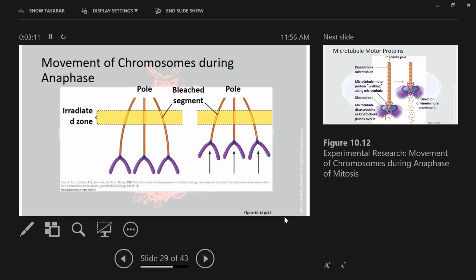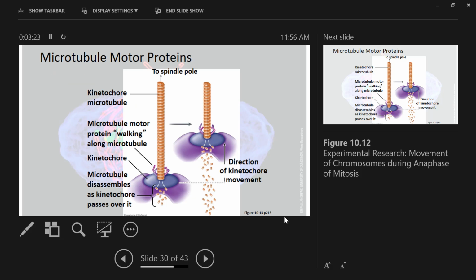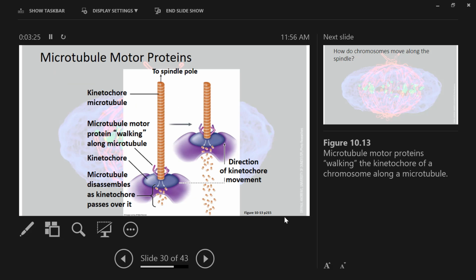So what happens is a motor protein lets go, the microtubule shortens, it grabs back on, lets go, it shortens, it grabs back on, and it keeps doing that all the way until it ends up at the opposite pole where the centrosome is. And so here is that demonstrated. Here's the motor protein that walked it all the way to the end of the kinetochore microtubule.